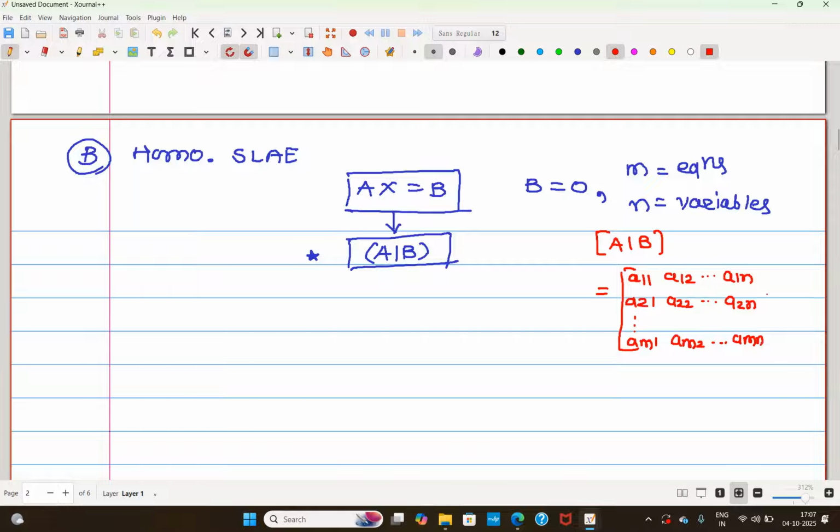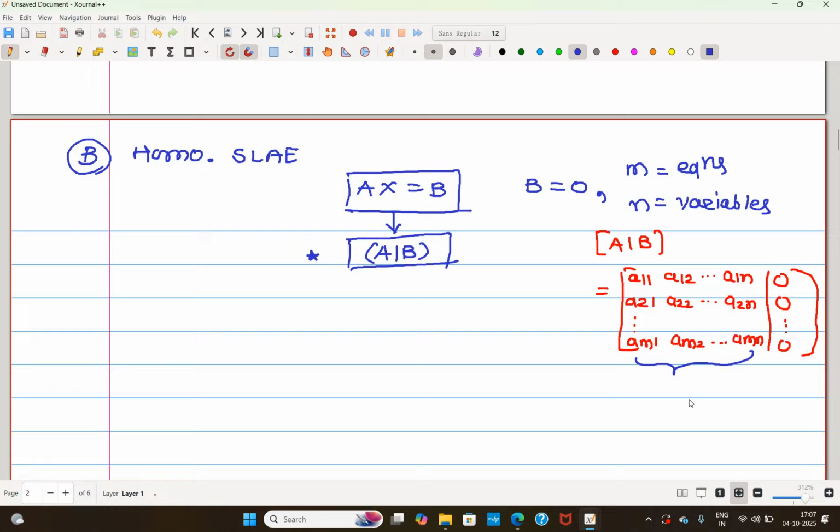So that's your coefficient matrix. Now a vertical line I will put up, and B is the completely zero matrix, 0, 0, and so on, 0. So this is your augmented matrix for the homogeneous system of linear algebraic equations. Am I right? Now focus on the ranks which we can receive here.